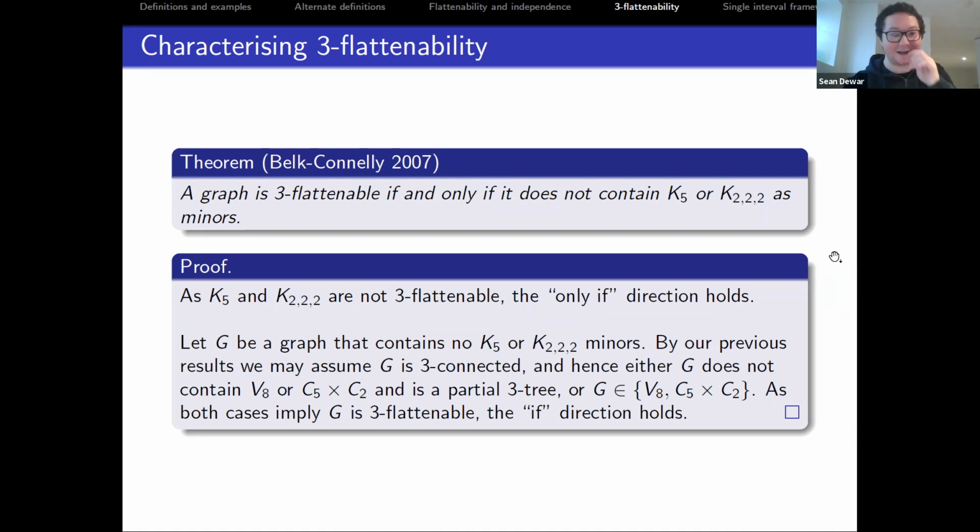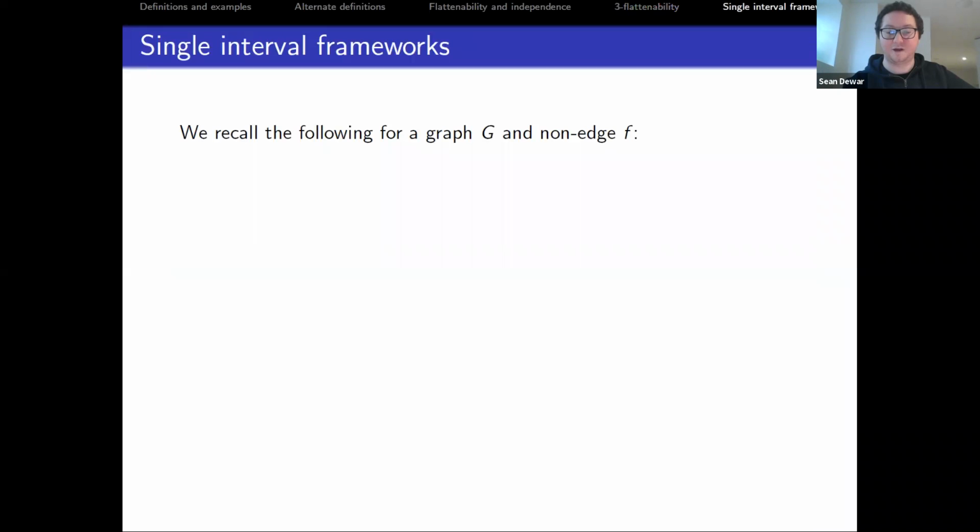Any questions on that? Okay. Right. I've got now some stuff on single interval frameworks, but I've only got 15 minutes left, so there might not be much point going into it too much.